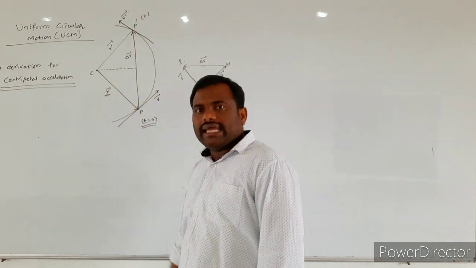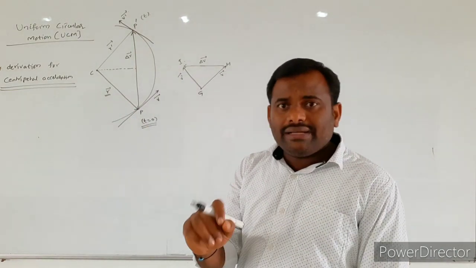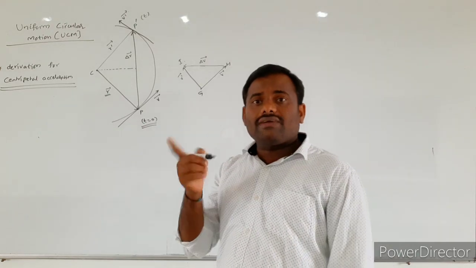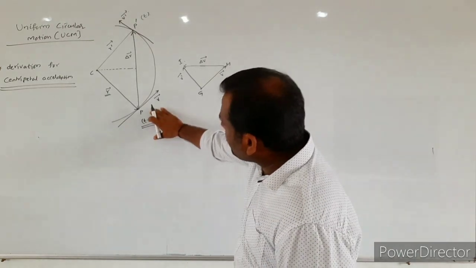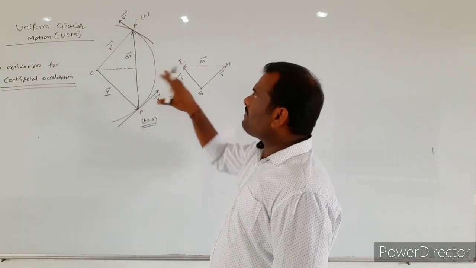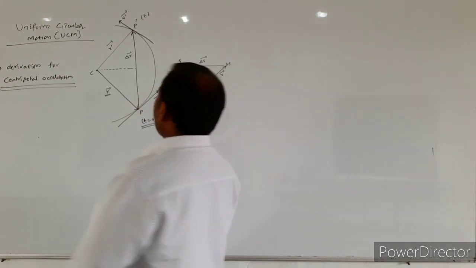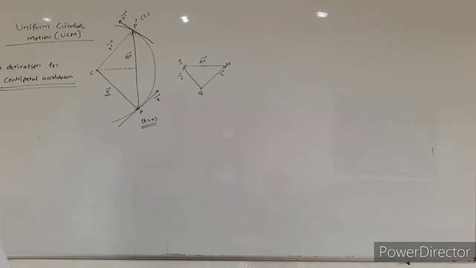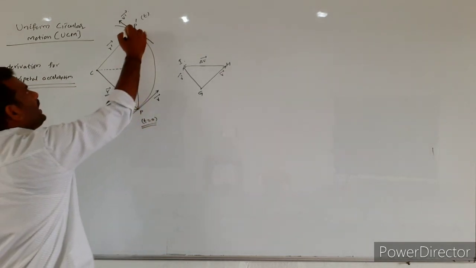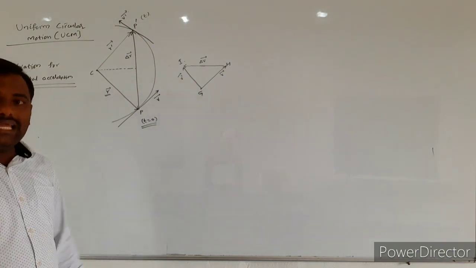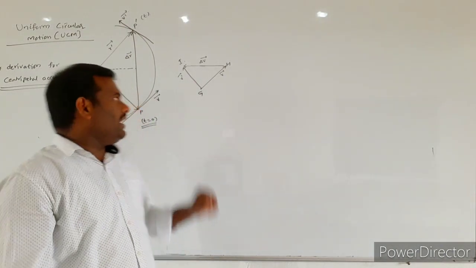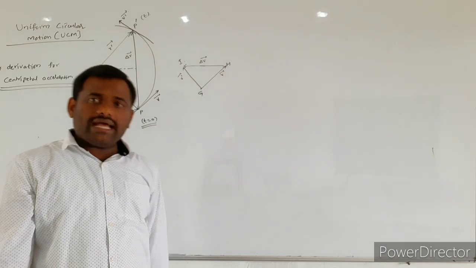Here r bar is indicating the displacement vector or radius vector of the particle whenever the particle was at the point P. Similarly, whenever the particle is at the point P dash, its corresponding radius vector is given by r dash bar.